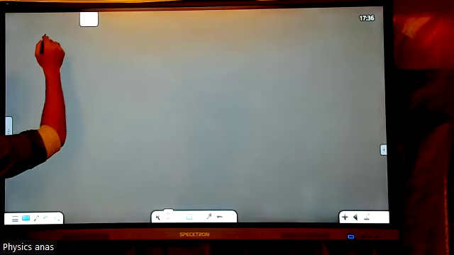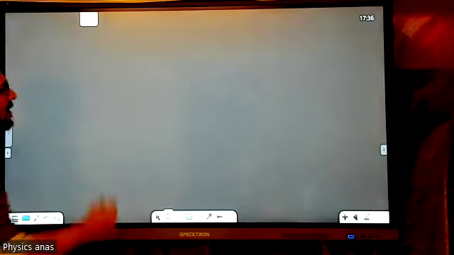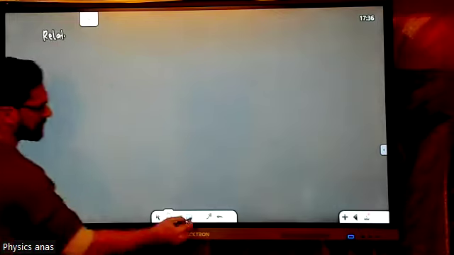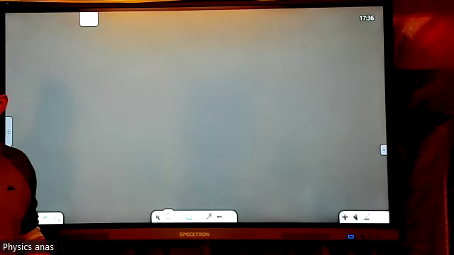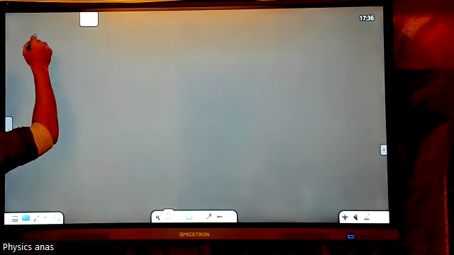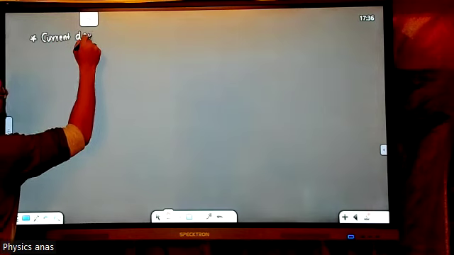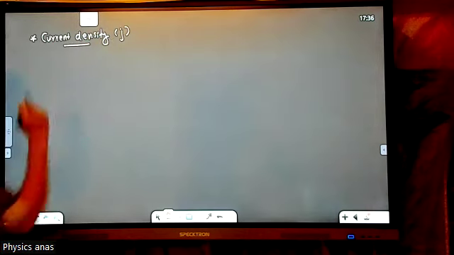Okay, guys. What about current density? There is no need to write this as a large heading. Just a small subheading: current density. What is current density? Current density is J, right?